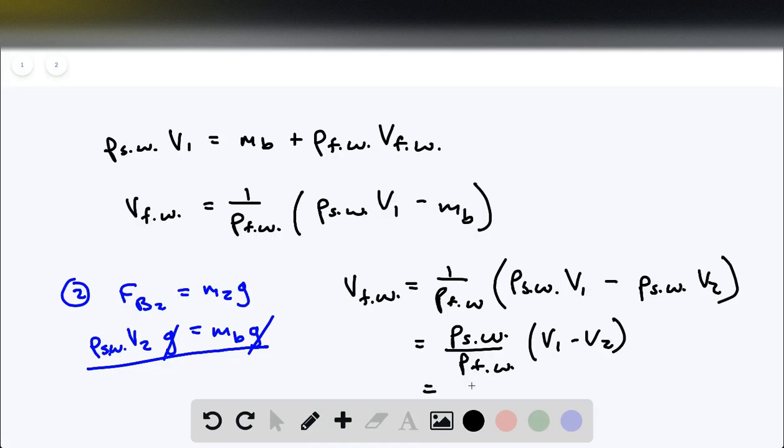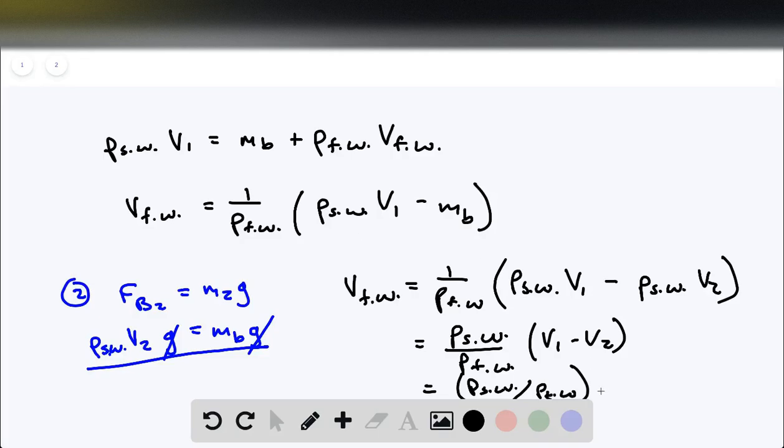And I think we can just assume here that the area is something constant. So we know that a volume can be a cross-sectional area times some height. And in both cases, we'll assume that the area at the water level is the same.